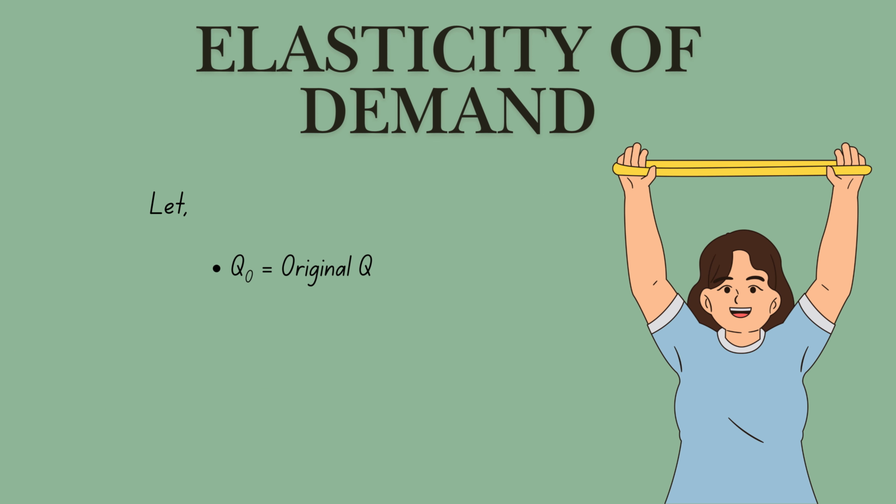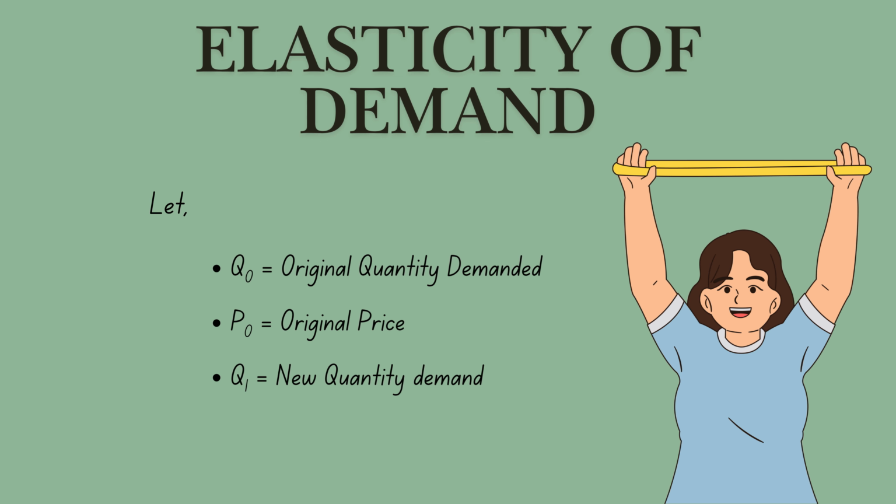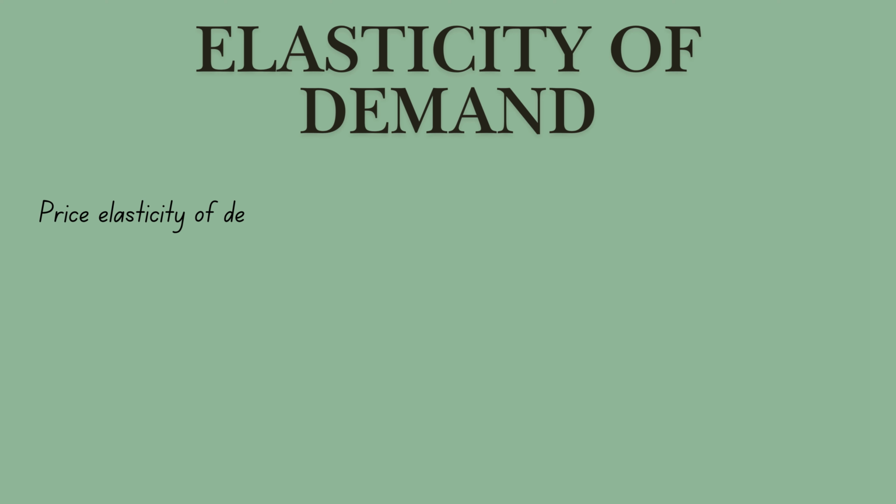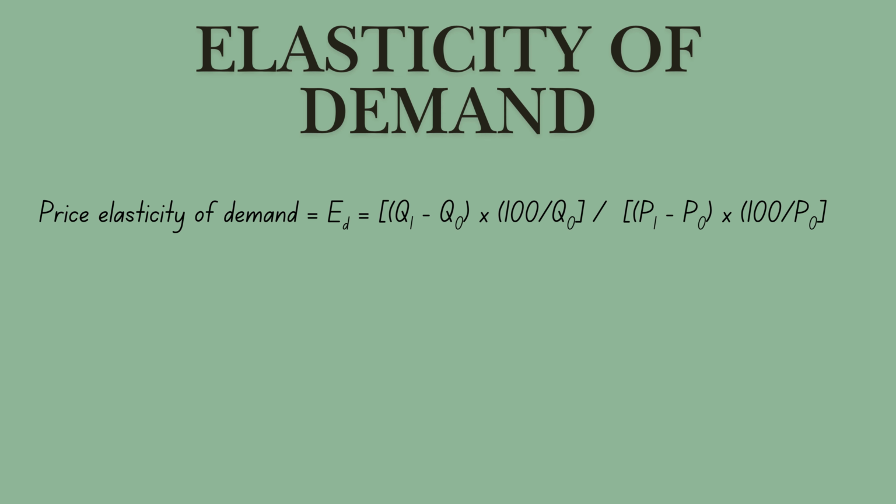If Q0 is the original quantity demanded, P0 is the original price, Q1 is the new quantity demanded and P1 is the new price, then price elasticity of demand, or ED, is equal to (Q1 minus Q0) times 100 upon Q0, whole divided by (P1 minus P0) times 100 upon P0, which would be equal to QC upon PC into P0 upon Q0, where we are assuming that QC is the change in quantity demanded and PC is the change in price.